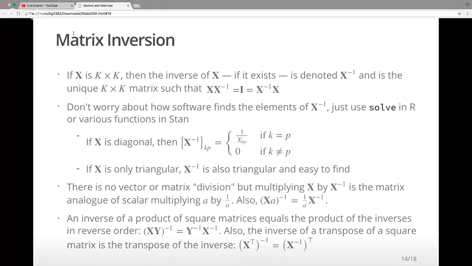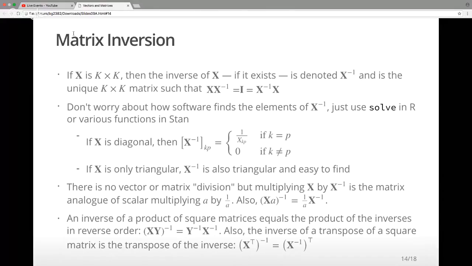Now, you don't really have to worry about how software like R and Stan finds the elements of X inverse. It's not too difficult to do if X is diagonal. It's also not too difficult to do if X is triangular. It's not difficult to do in general, provided that you're doing this with a computer rather than by hand. It can be very tedious to do by hand, but you just call a function on a computer and it does it for you.